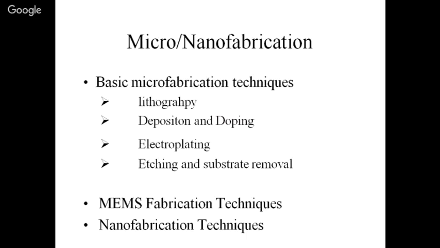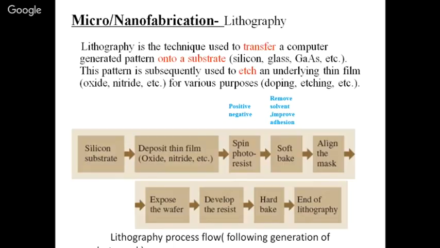And electroplating also, that is some deposition on the surface, and then etching, which I have also explained, and substrate removal. These are the microfabrication and nano fabrication techniques. Now, micro and nano fabrication, that is lithography.